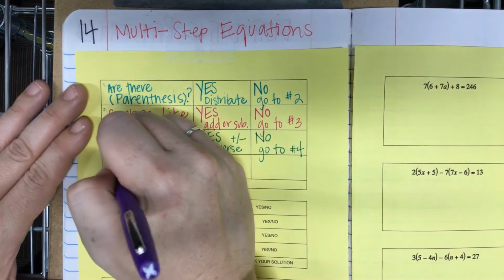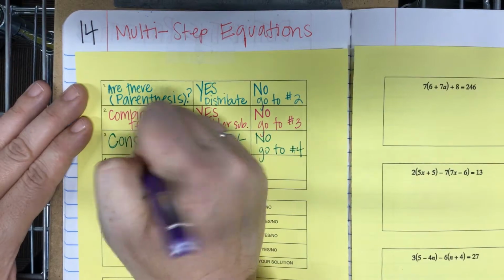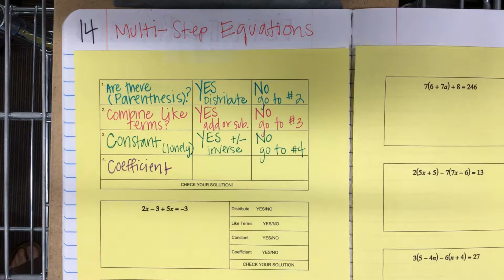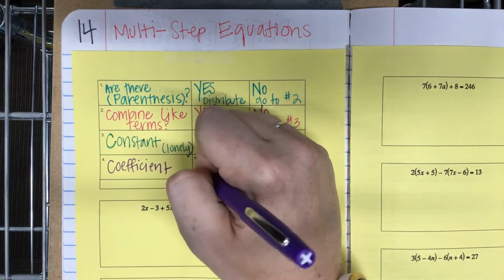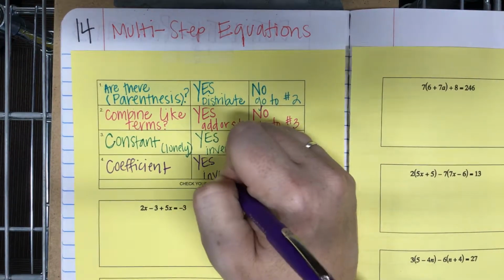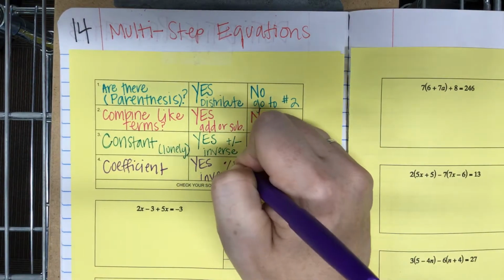Number 4, is there a coefficient? If the answer is yes, we do the inverse. But what's the inverse of a coefficient? Multiplication and division.